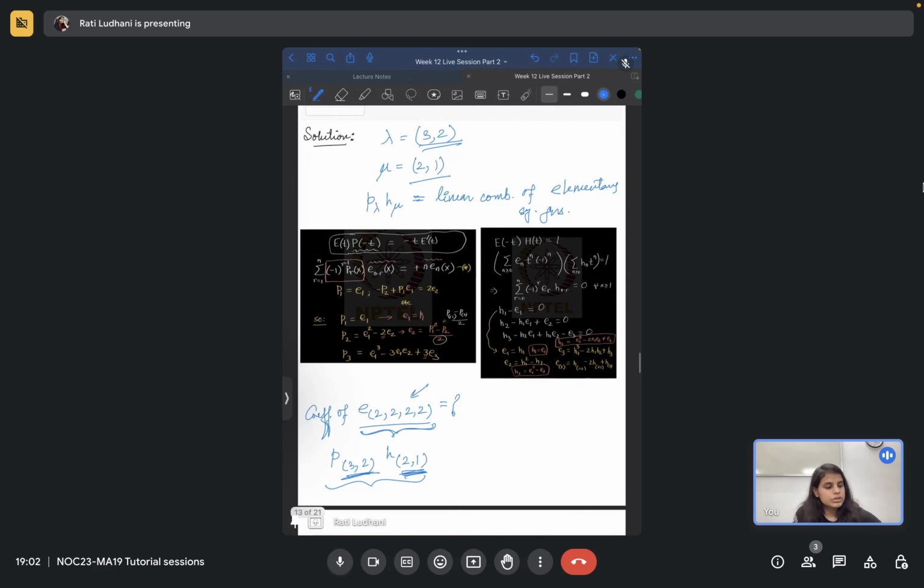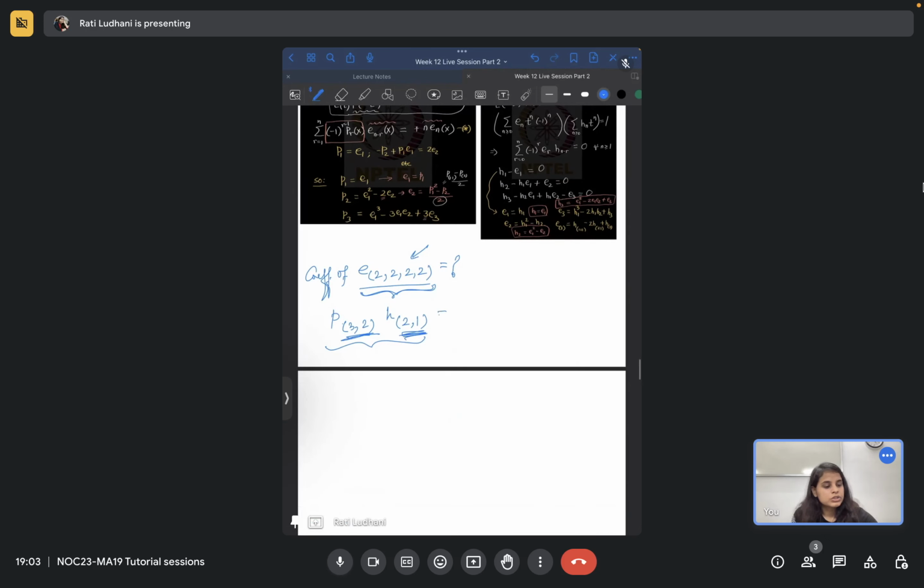And there is one more thing, there are ways to look at. So for example, p32 is what? This is p3, p2, h2 and h1, right? So p3 is E1 cube minus 3 E1 E2 plus 3 E3. What is p2?